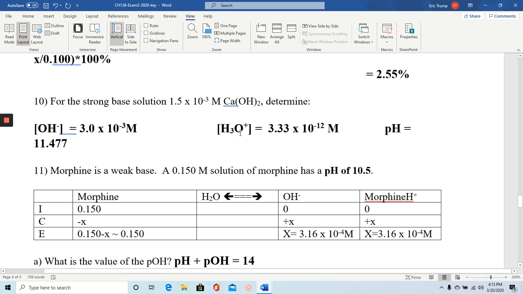Our hydronium is Kw divided by our hydroxide, and then the pH is minus the log of this, so that's 11.48.